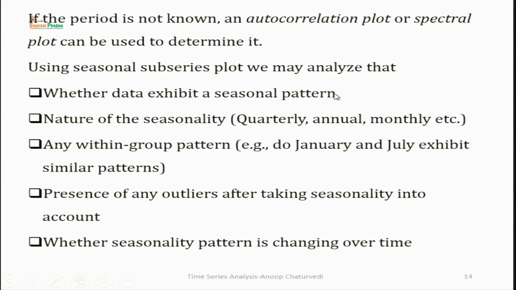So, if the period is not known, an autocorrelation plot or the spectral plot can be used to determine it. Well, later on in some lecture I am going to cover these two plots also, autocorrelation plot or the spectral plot.